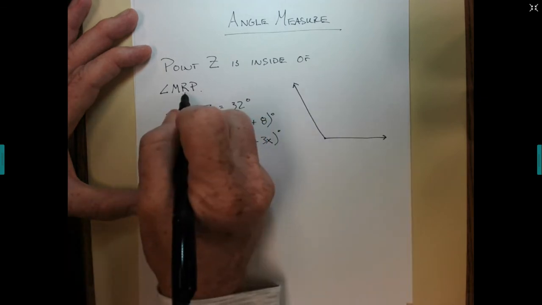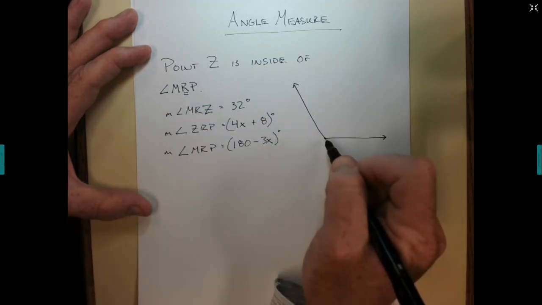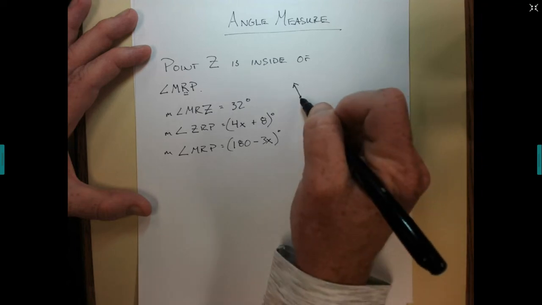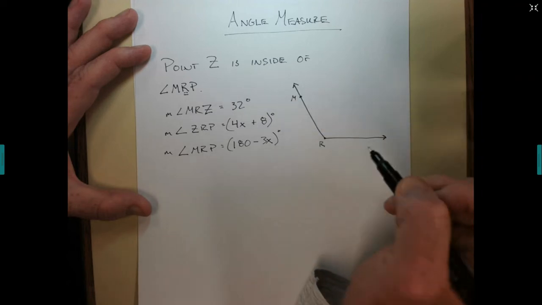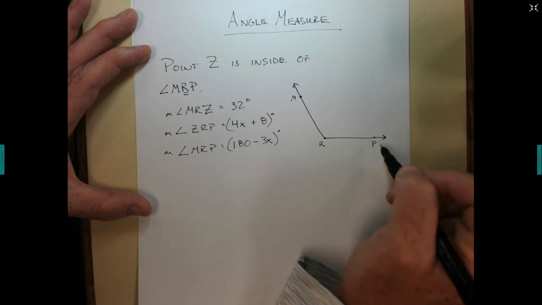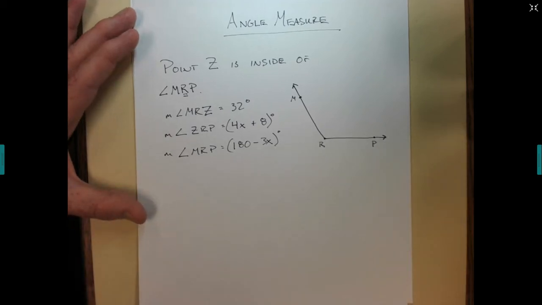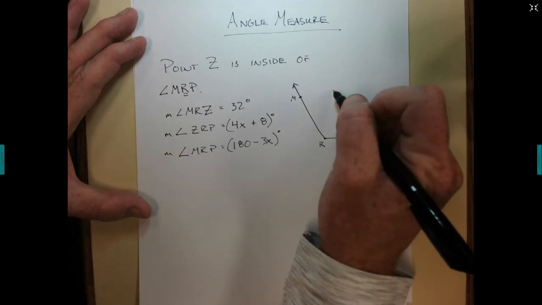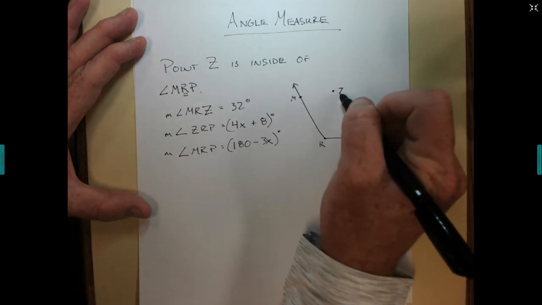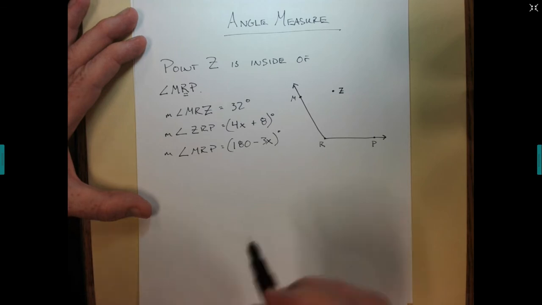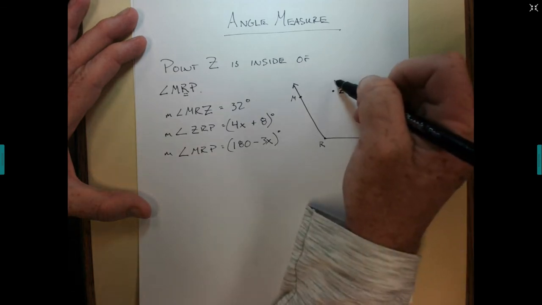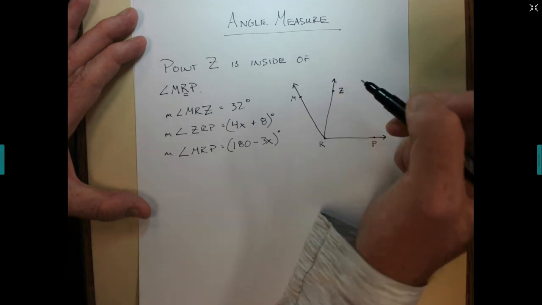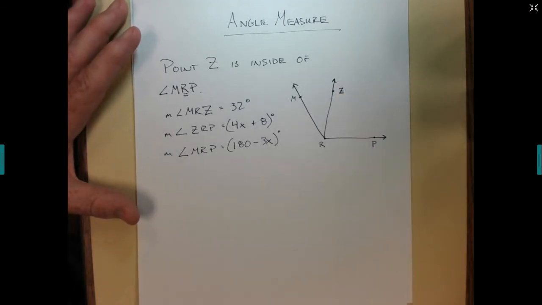This middle letter has to be the vertex of the angle, and there will be a point P on one of the other rays, and I need point Z somewhere inside there. This is going to allow for a third ray to exist inside this angle.